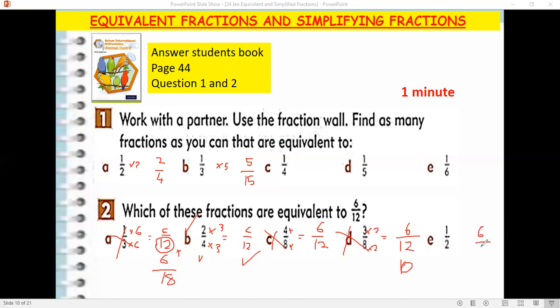Letter E. Is 1/2 equal to 6/12? So we will multiply this by 6 times 6. 2 times 6 is 12. So therefore, yes. So 2/4 and 1/2 are equal to 6/12. They are equivalent fractions. Do you understand? Okay, let's move on.